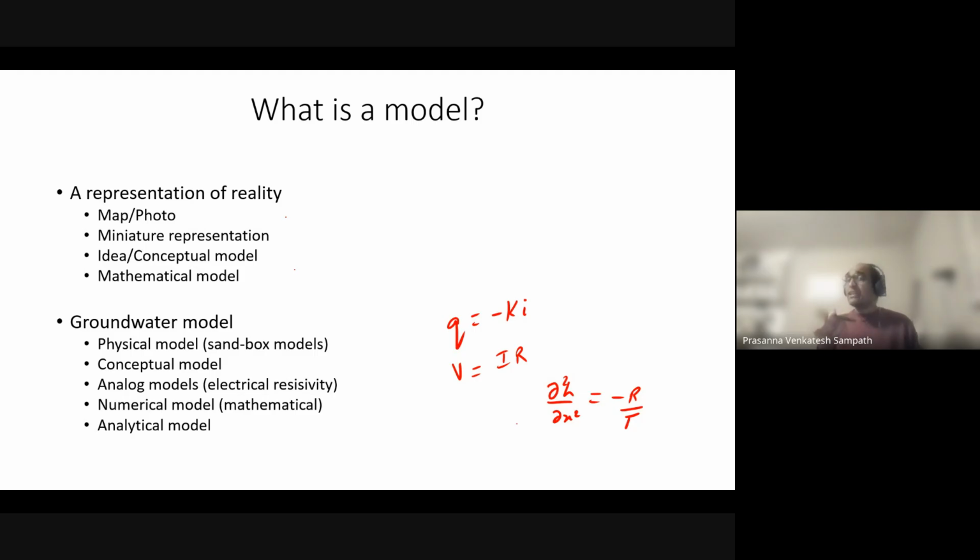So now this is an analytical expression. The difference between the analytical model and the numerical model is a little bit subtle. Okay, the analytical model requires nice, clean geometries, right? I cannot have an irregularly shaped boundary. So when I solve this equation, I'll say at x equal to 0, this is the boundary condition, and at x equal to L, this is the boundary condition.